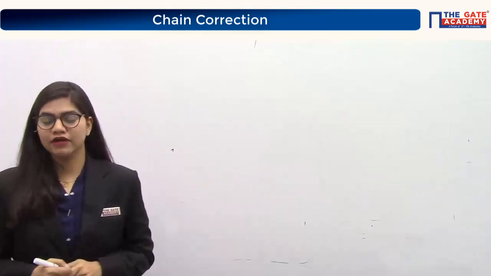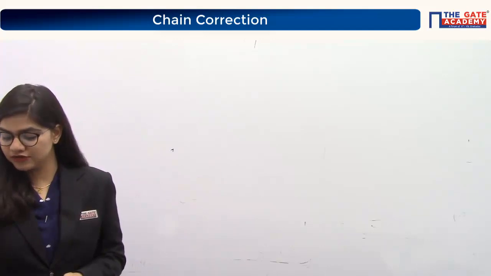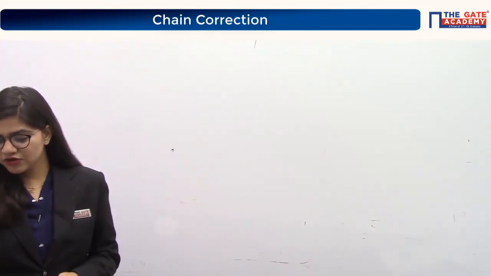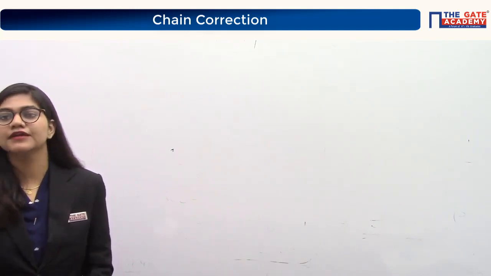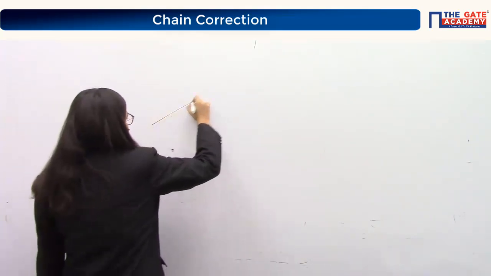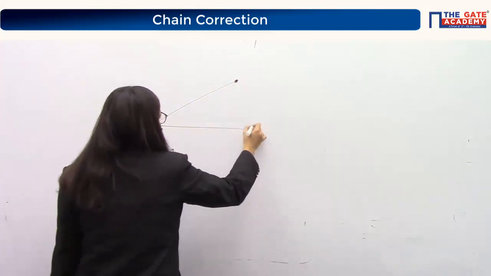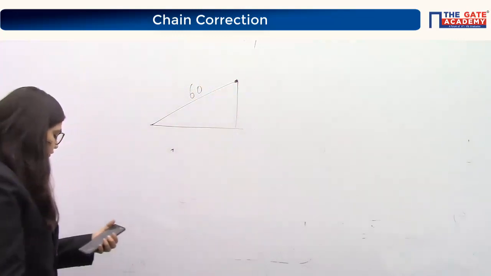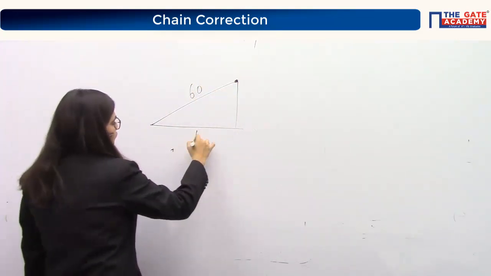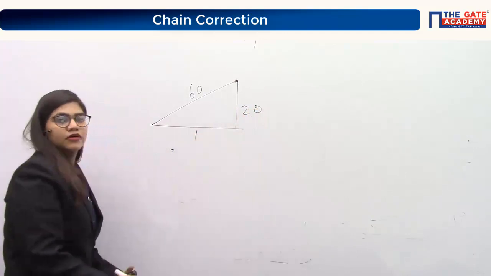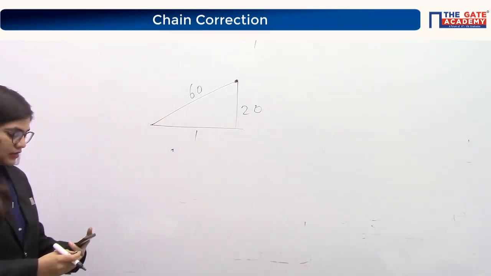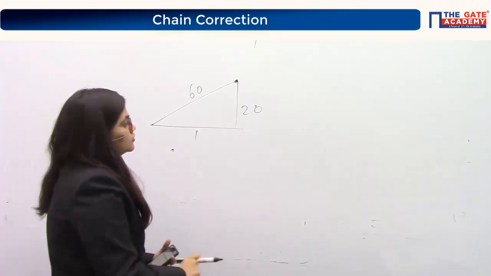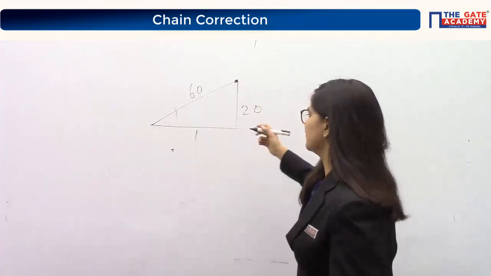Okay, so I'll read the question again. Just check your question. In this question he said the required slope correction for a length of 60 meter. This is 60 meters given and the gradient is 1:20. Okay, and he wants the required slope correction. So you know, this is just basic.